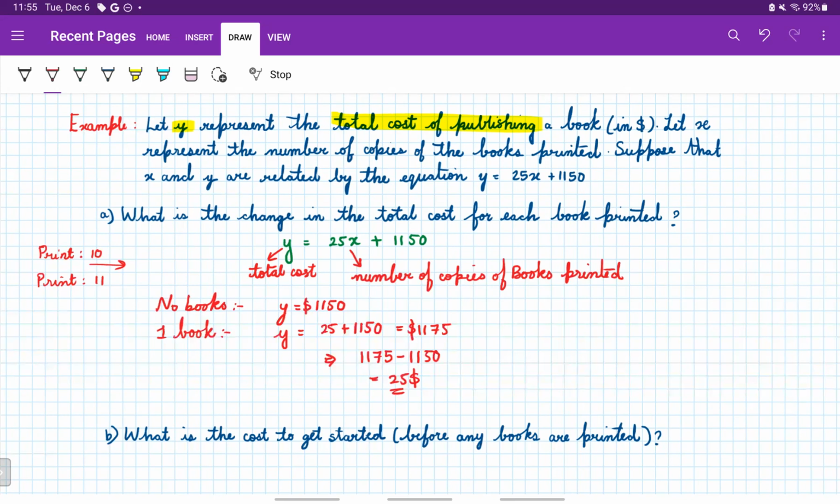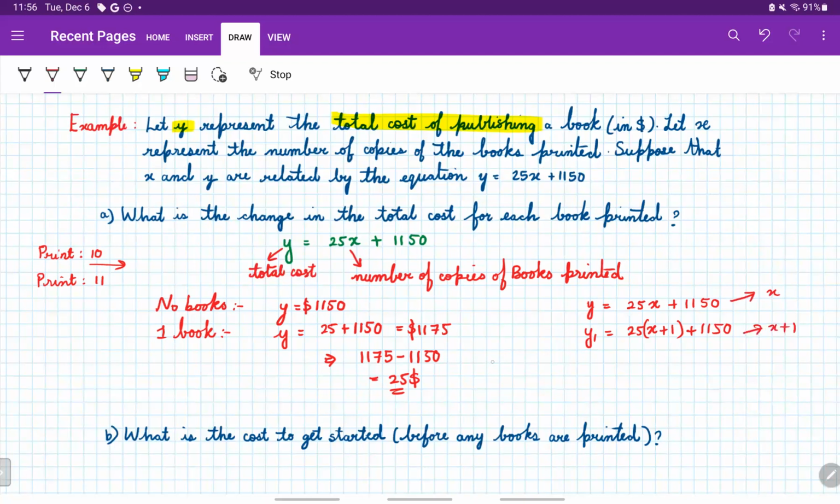There is also another way where you can say Y equals 25X plus 1,150. So you know this. You want to know the difference between this and maybe Y1, which is 25 times X plus 1 plus 1,150, because this is for X copies and this is for X plus 1 copies.